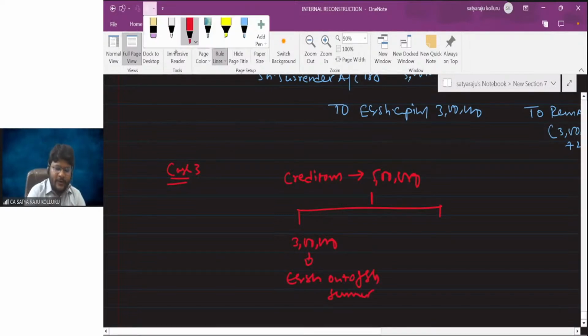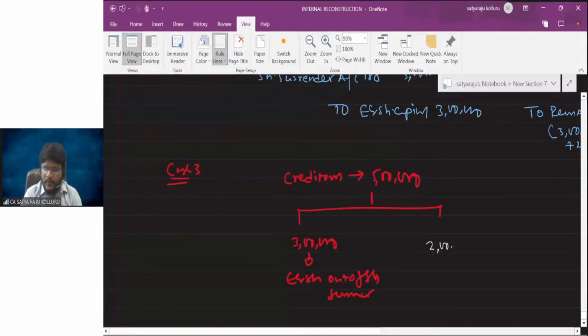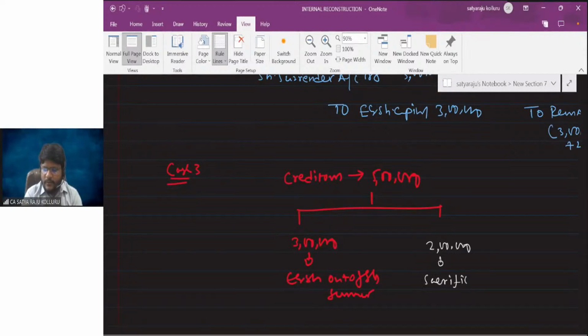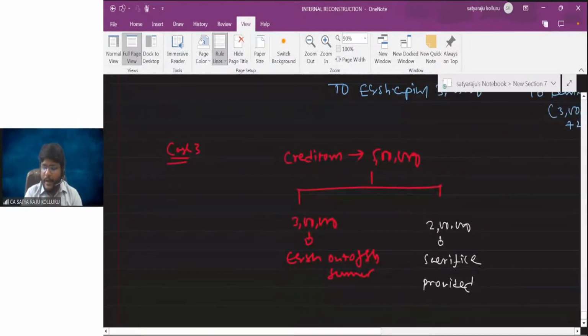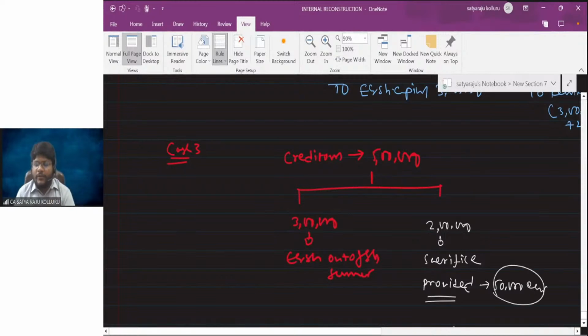For the other portion, 2 lakhs, they're ready to sacrifice, provided they're expecting 50,000 worth of equity shares.